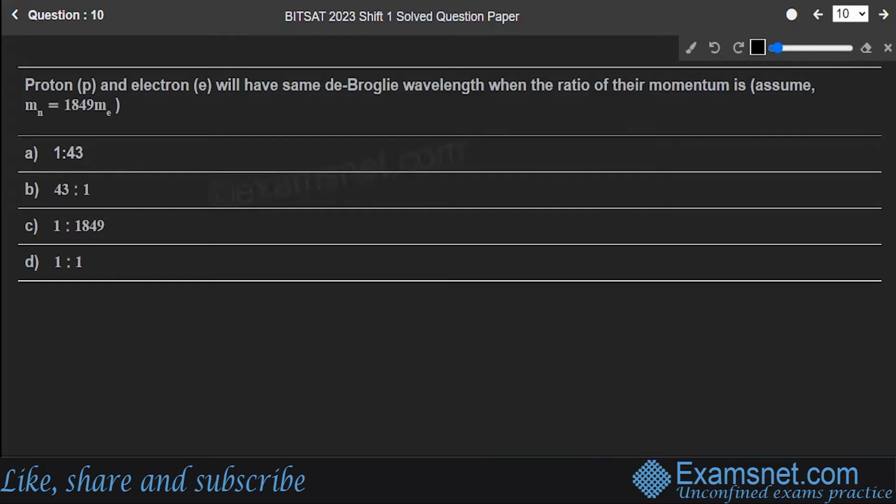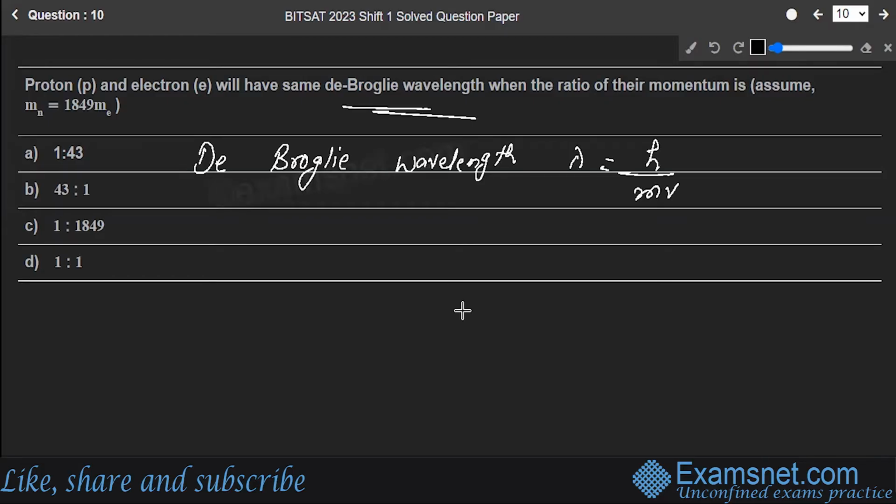Now, you are given that the proton and electron are having the same de Broglie's wavelength. What is the de Broglie's wavelength formula? It is given by lambda is equal to h upon mv, and you are given that they are having the same wavelength. That means lambda of proton is equal to lambda of electron.